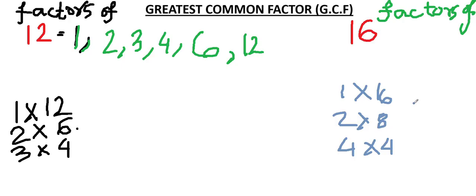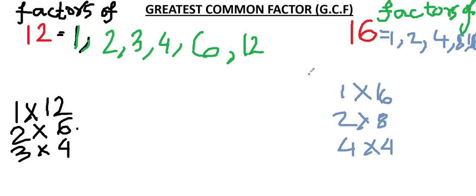Well, 6, no, it's not considered. Well, I think that's all. So the factors of 16 would be, going in ascending order so that we can keep track of it, 1, 2, 4, 8, and 16. These are the factors of 16.